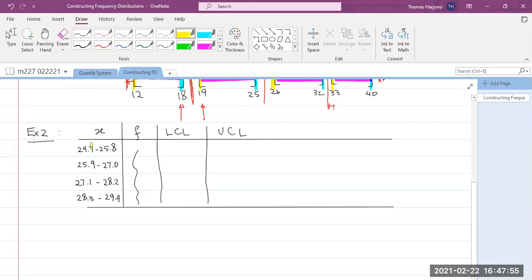Those are easy. This is the lower class limit, while these are the upper class limits.